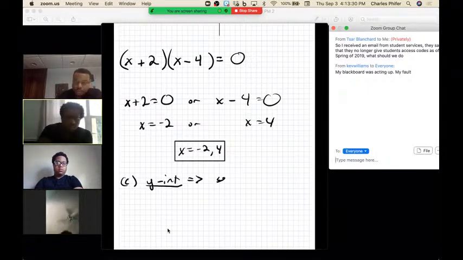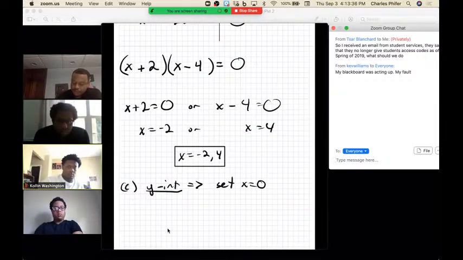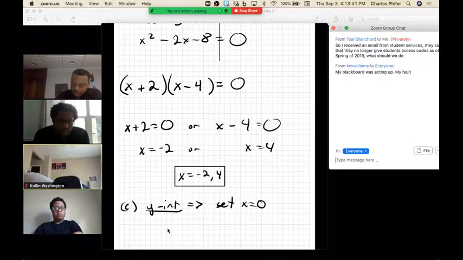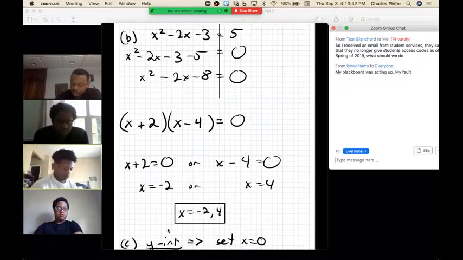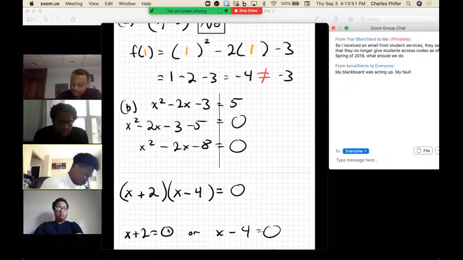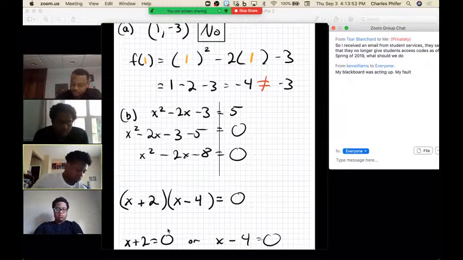X equals 0. Set x equal to 0. Okay, so the original, I think we had f of x equals x squared minus 2x. Nope, that's not it. Wait a minute. The original was -3, right?